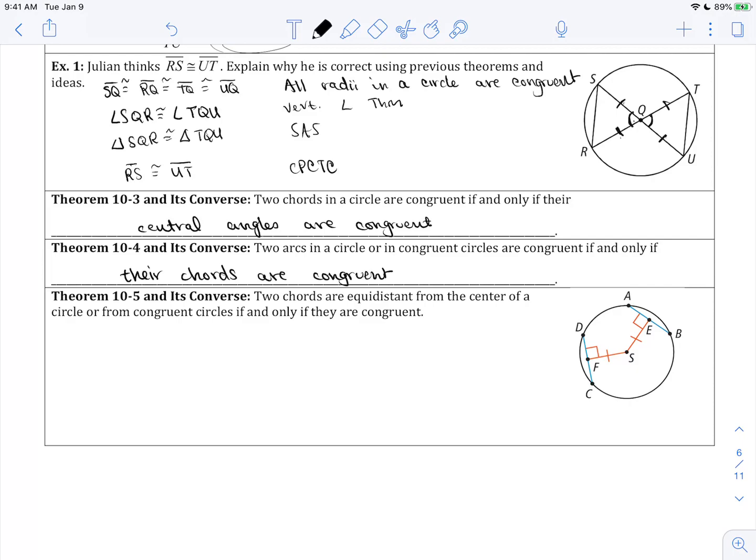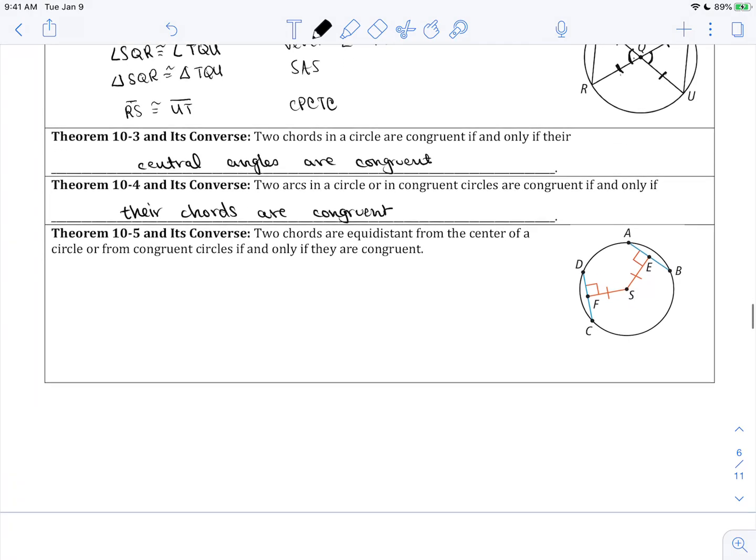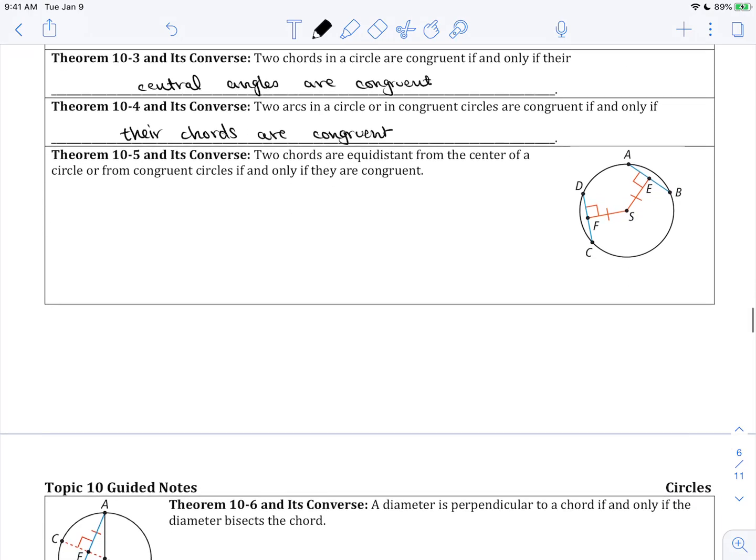All right, so let's use that to kind of look at some more theorems and keep going. So theorem 10.5, two chords, so chord DC and AB, are equidistant from the center of a circle or from congruent circles if and only if they are congruent. So we see that DC is this length SF. AB is also that same length, right?